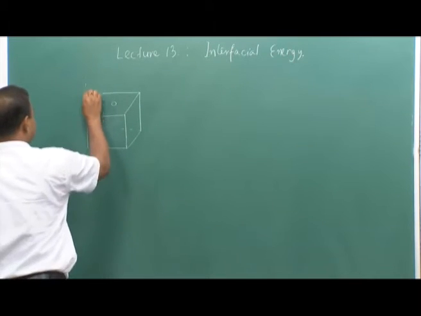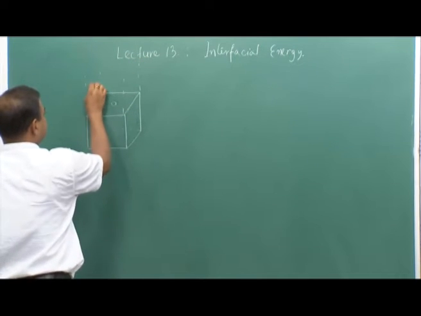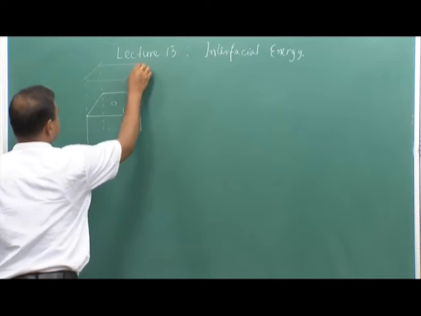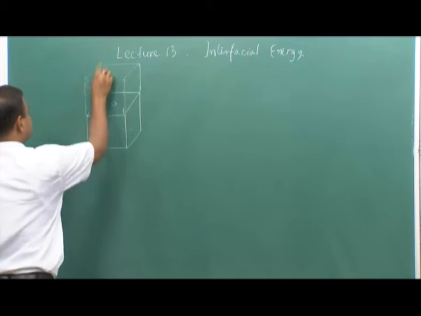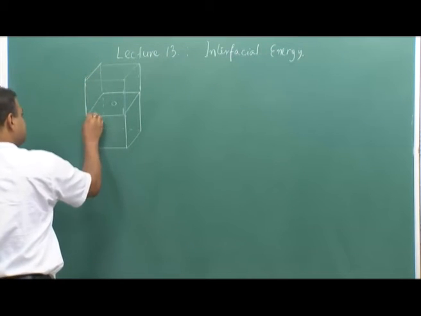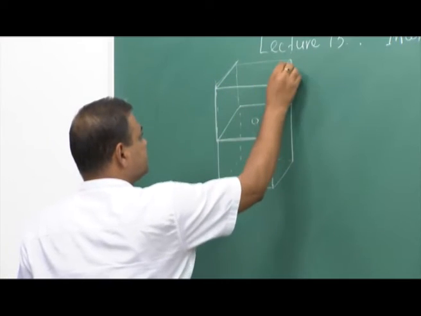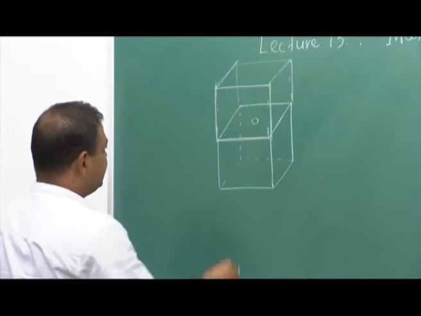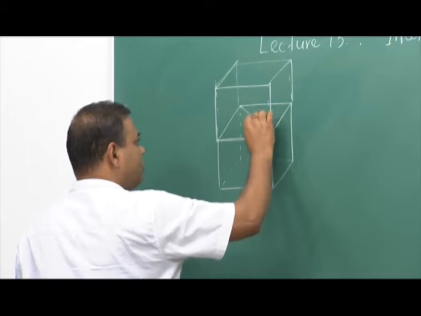There would be one more lattice on top of it. This atom has bonds with these corner atoms.